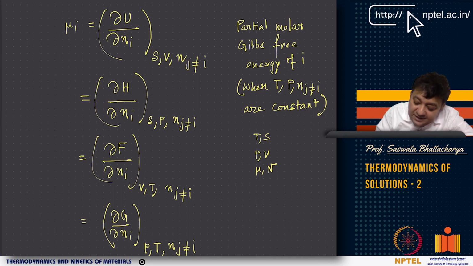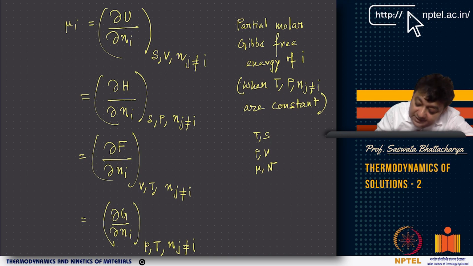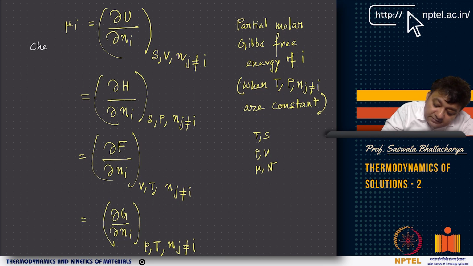Similarly, del H del N_i at S and P fixed, with P fixed instead of V and N also fixed. Similarly, for Helmholtz free energy, it will be del F del N_i, with V fixed, temperature fixed, and N_j not equal to i. So there are various ways to define the same partial molar quantity, and the partial molar quantity that we have been discussing so far is the chemical potential.